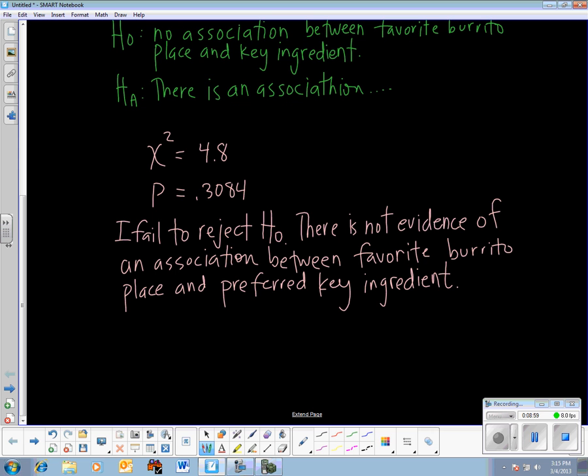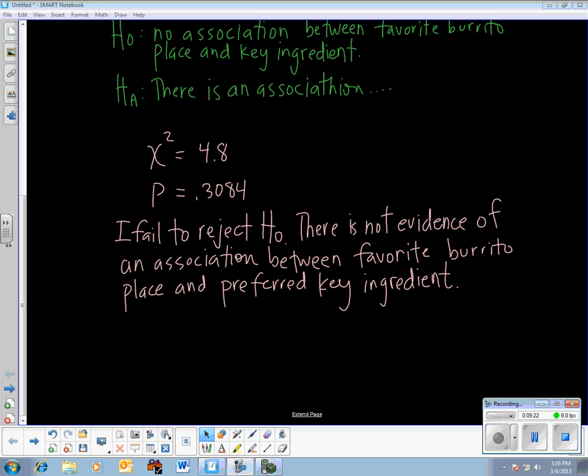There are different ways that you could word that would be acceptable, but you have to fail to reject, and you need to use the context. So basically what we have proven is it doesn't matter what kind of burrito you like, Chipotle is going to be the best. Really, that's the bottom line here.